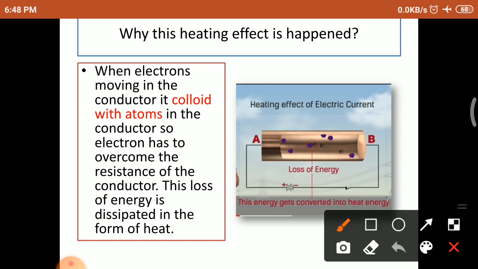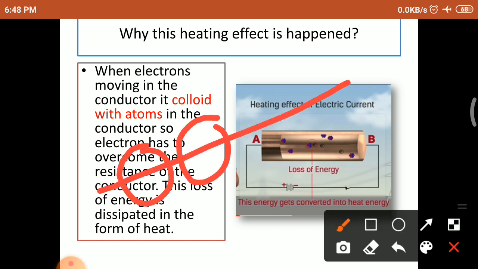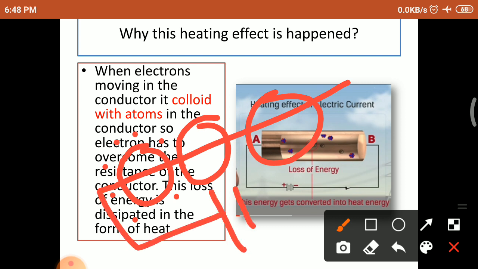If you take a conductor, the conductor has atoms and the atoms have electrons. When we connect this conductor to a battery, the electrons move from one atom to another atom. But they collide with the atoms.